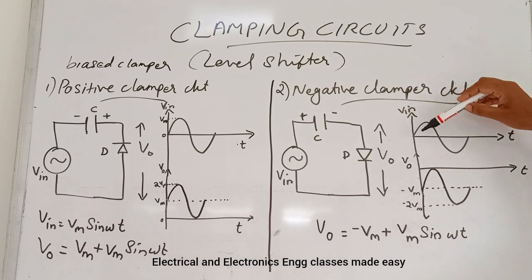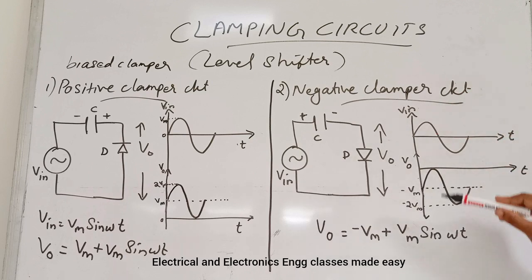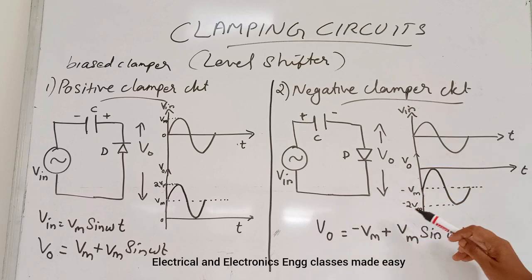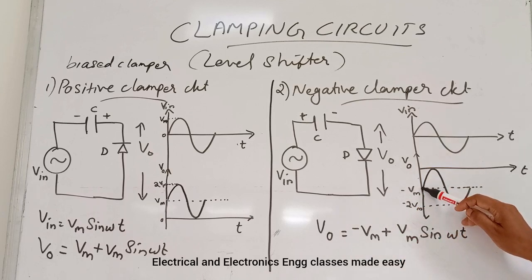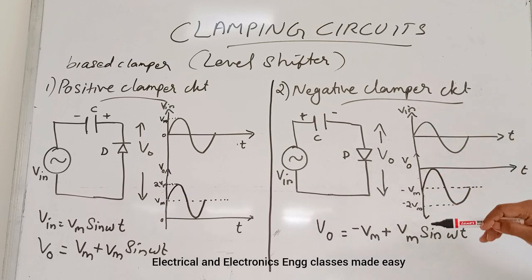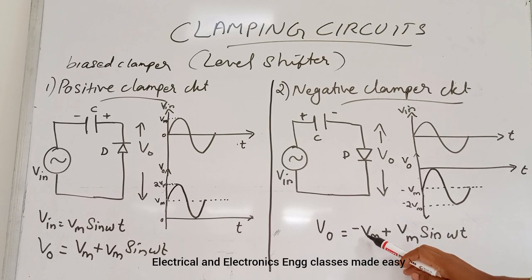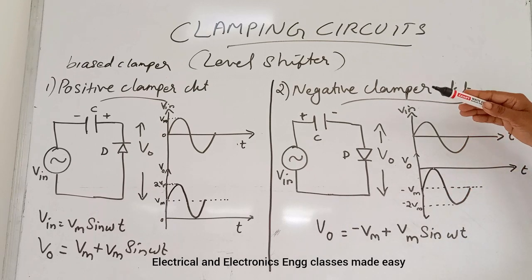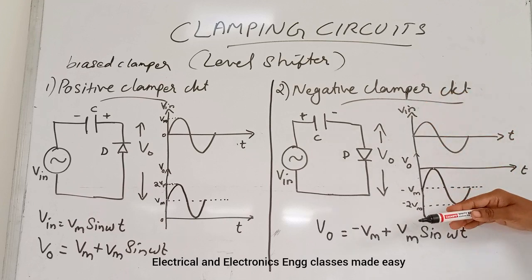When Vin is 0, V0 will be minus Vm. Then when Vin is at its maximum positive value Vm, it will be minus Vm plus Vm, which is equal to 0. So the waveform is shifted downwards from the x-axis. This is the negative clamper circuit.